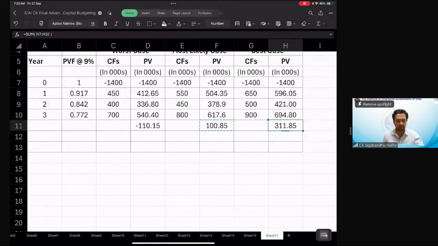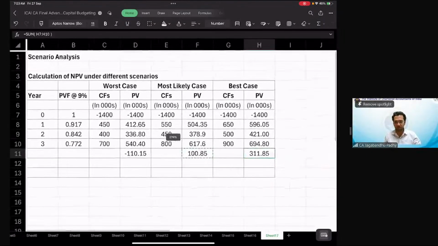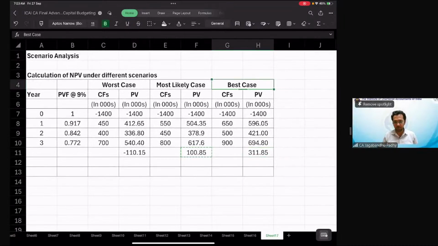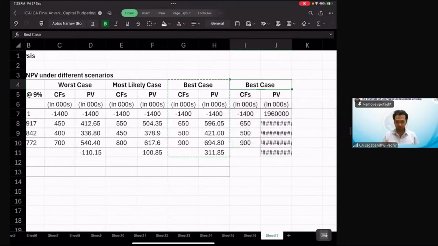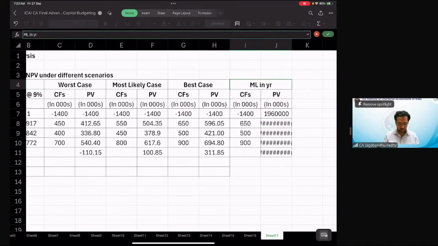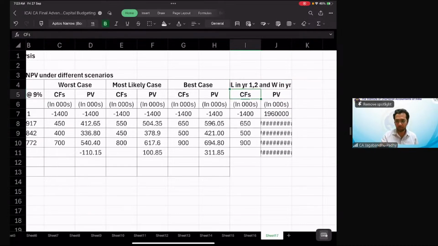So then in that case, how do we compute the NPV? So let me just add one more column over here. Okay. So it is most likely in year 1, 2, and worst in year 3. Okay.